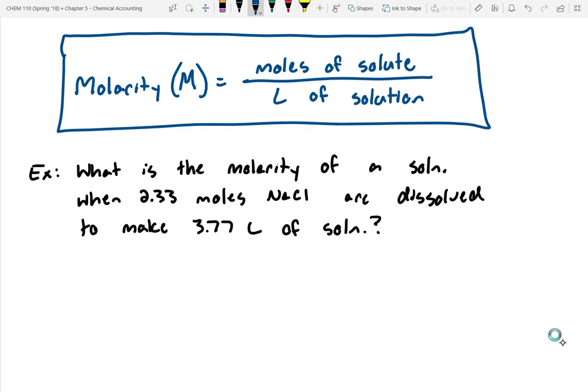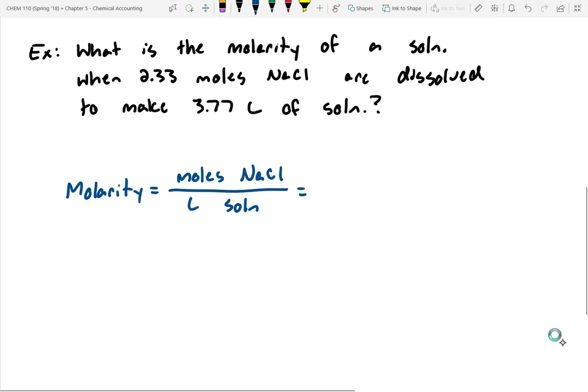I'm going to get us started with the equation down here. Molarity equals moles of sodium chloride divided by liters of solution. So with this one, we're in pretty good shape because sodium chloride is already given to you in moles. So all we need to do is plug in the moles of sodium chloride, which we know is 2.33 moles of sodium chloride.